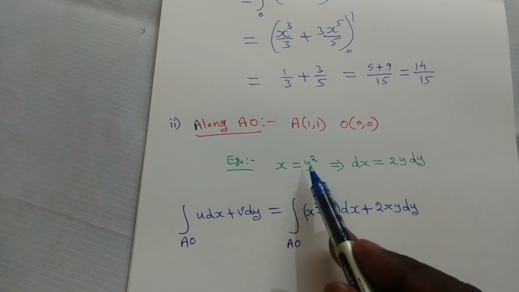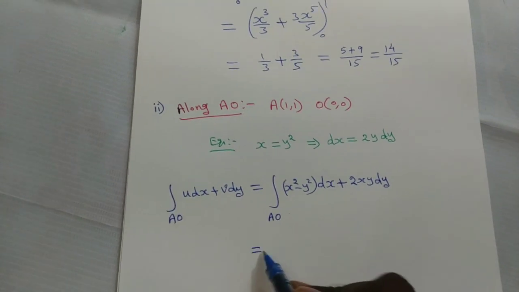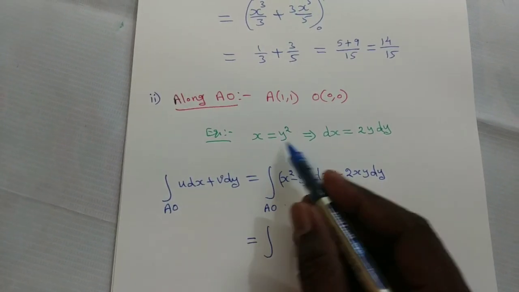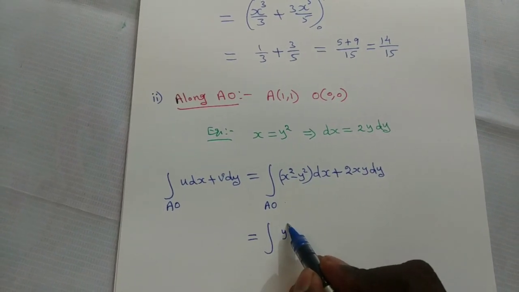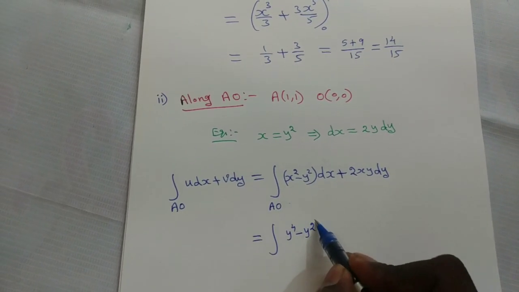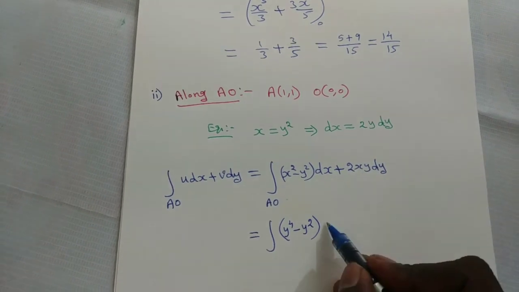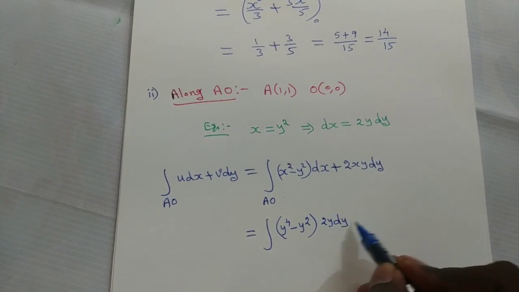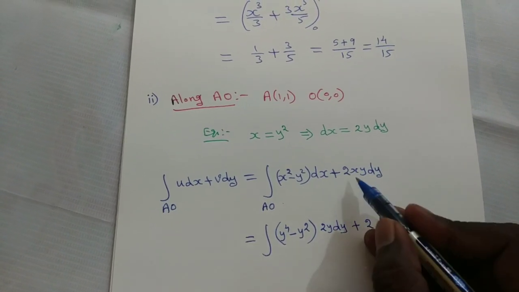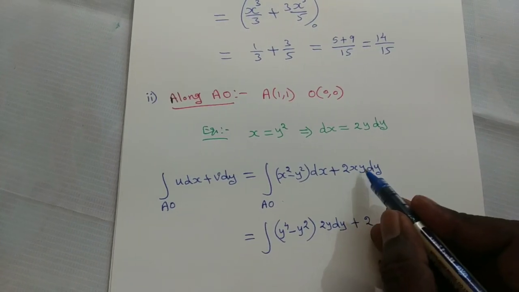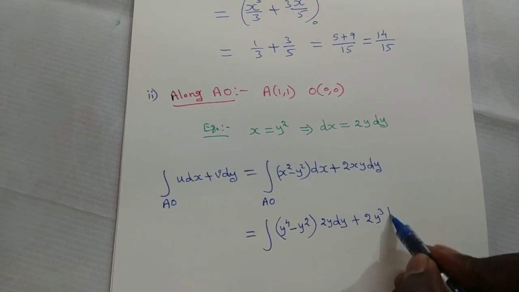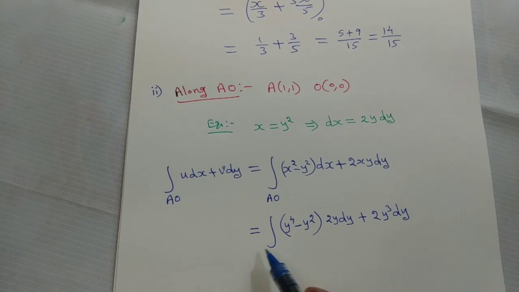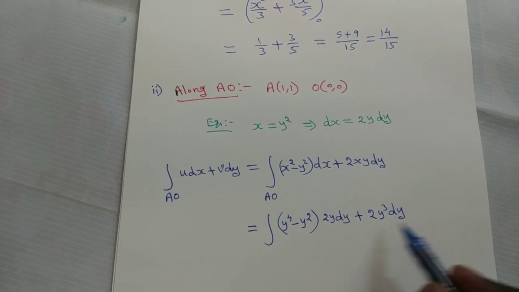For x, I am going to put y square. So x square is y power 4, minus y square, times dx which is 2y dy, plus 2x, x is y square, into y cube into dy. Now it is converted in terms of the single variable y.